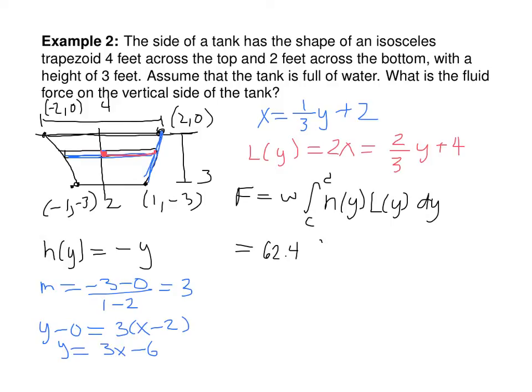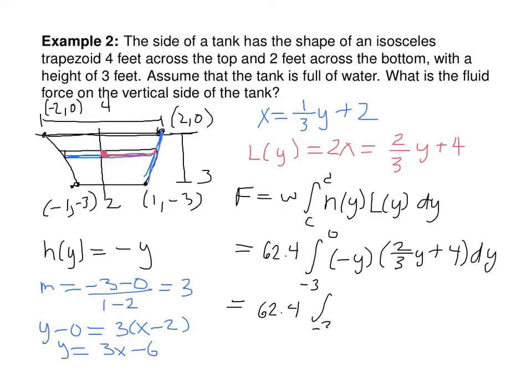I have an integral from a y value of negative 3 to 0. h of y is negative y, multiplied by 2/3 y plus 4, dy. That gives us 62.4 times the integral from negative 3 to 0 of negative 2/3 y squared minus 4y dy.